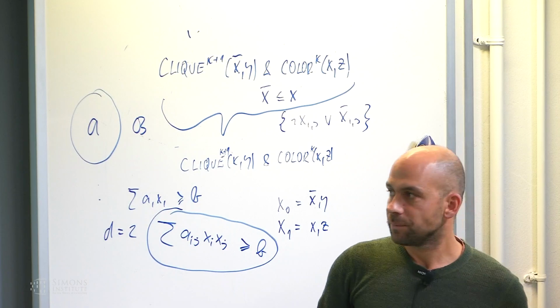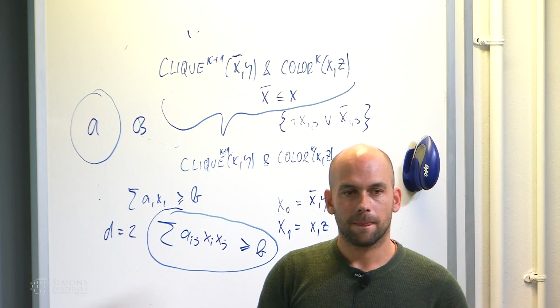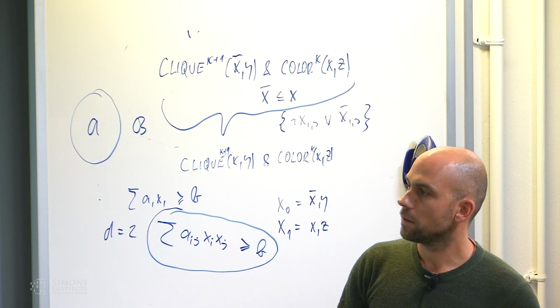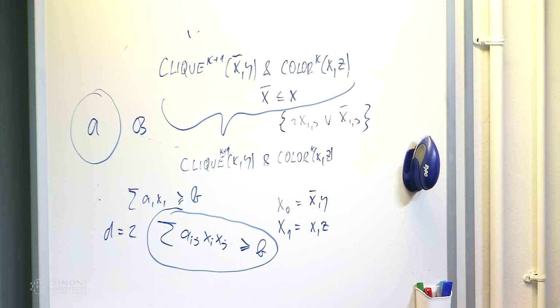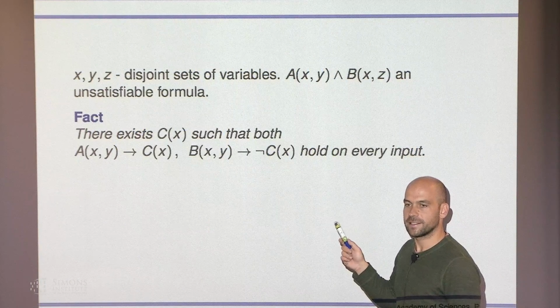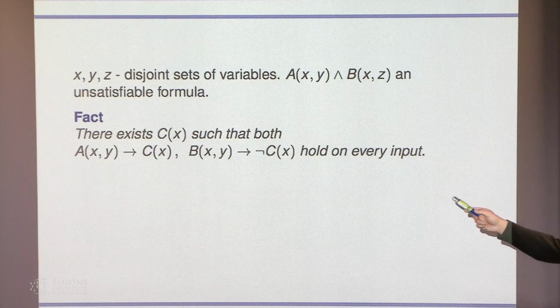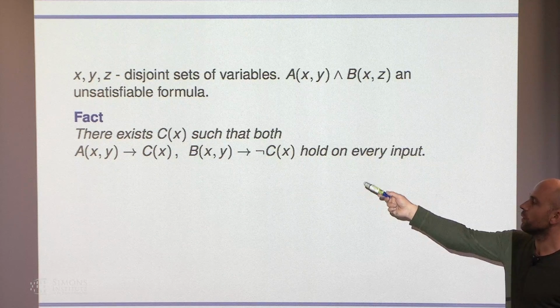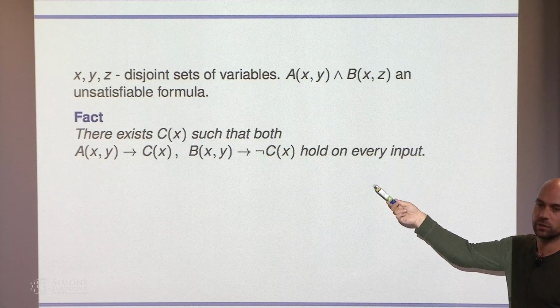And now, does C depend on y and z? No. That's the important thing. So C doesn't depend on y and z. Okay, so it depends on A and B, but it doesn't depend on y and z. So one way to define such a C is that C of x is true if and only if there exists y such that A(x,y) holds.